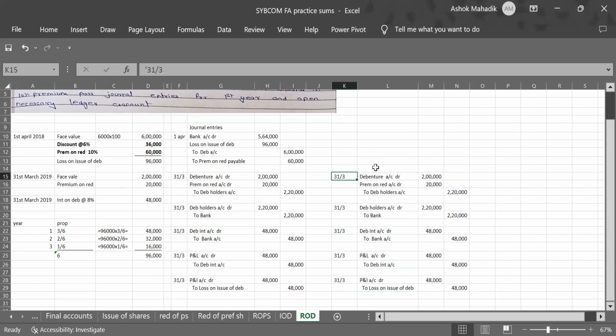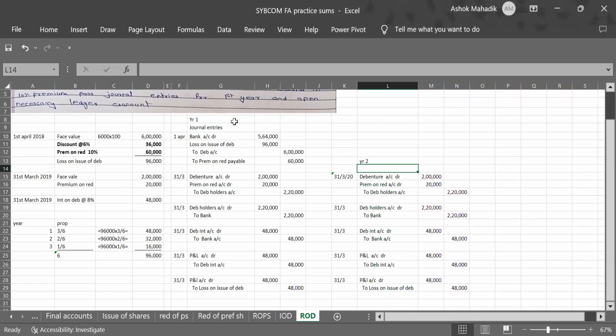Now it will be 31st March, second year. Accordingly, now I'll tell you what will be the entries for the second year. These were the entries for year 1. Now I'll pass entries for year 2. In year 2, entries will be the same as it is. Only amounts will change.